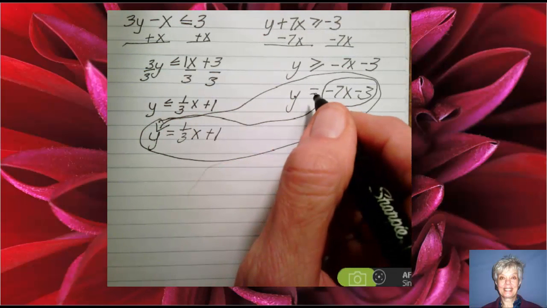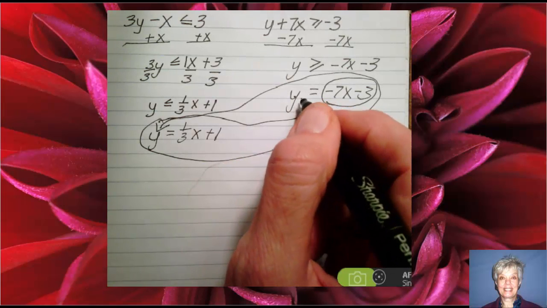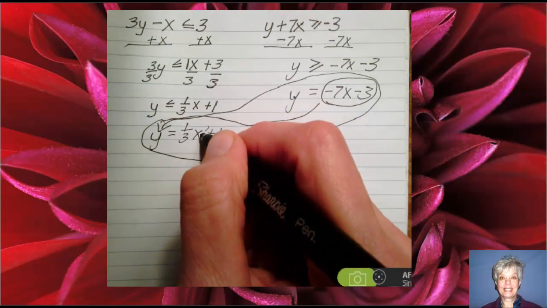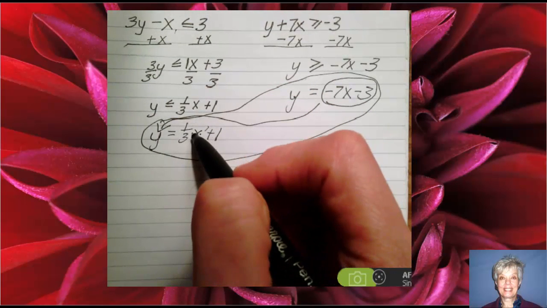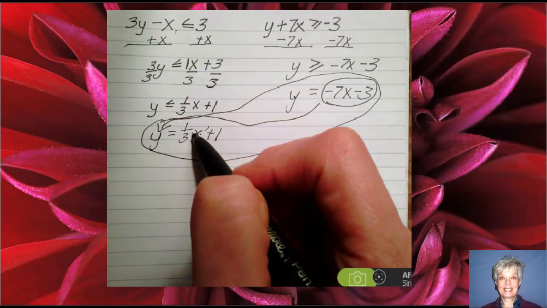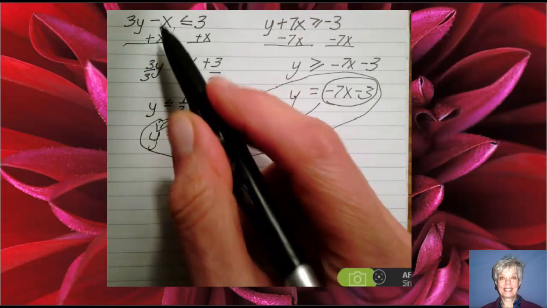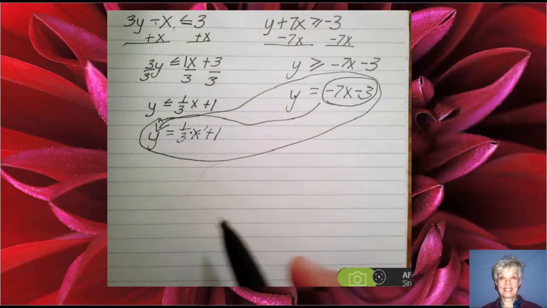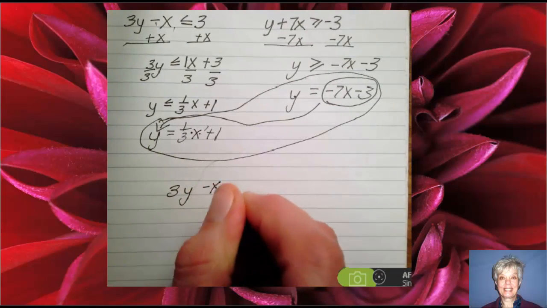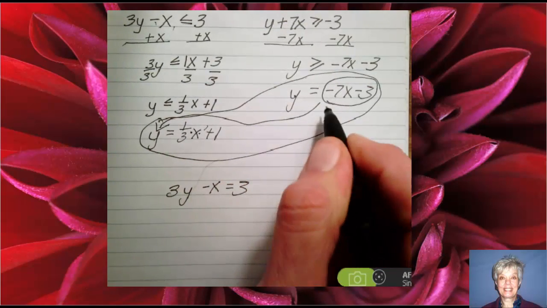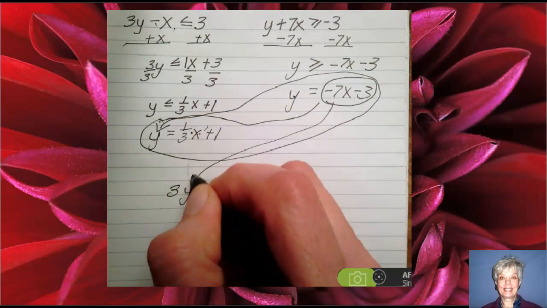In fact, I could do something even easier. Since this line is this line, notice this line has a fraction, which makes it harder, but this line doesn't, so I can actually take 3y minus x equals 3 and plug this y in there.